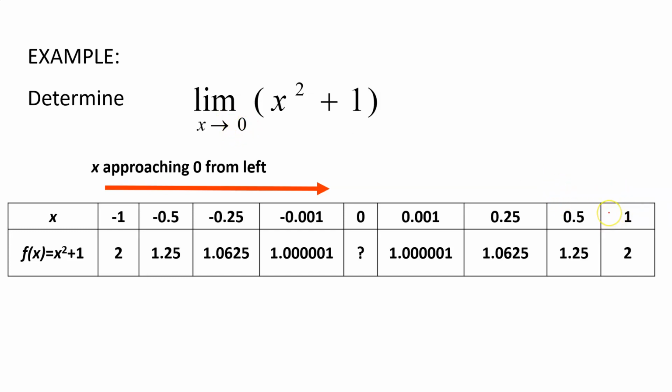From the right kita akan ambil any numbers from the positive values. So for example, 1, 0.5, 0.25, up until it reaches 0. So you have two cases when x approaching 0, from the left and from the right. And at the end, you will get the same answer as it approaches 0.